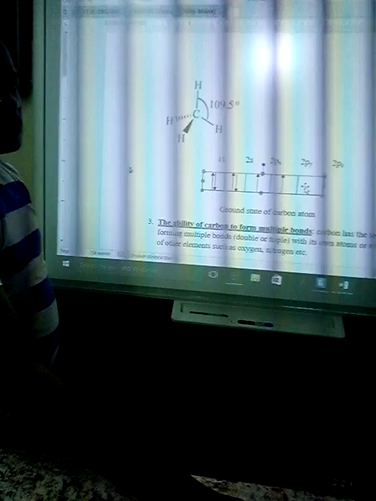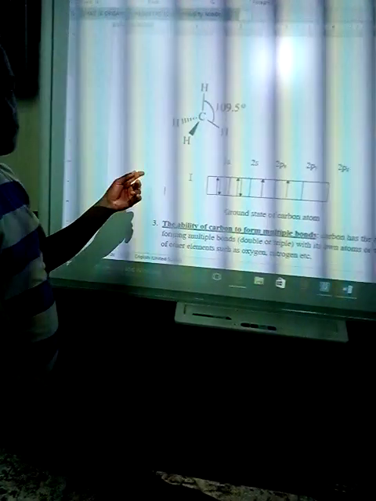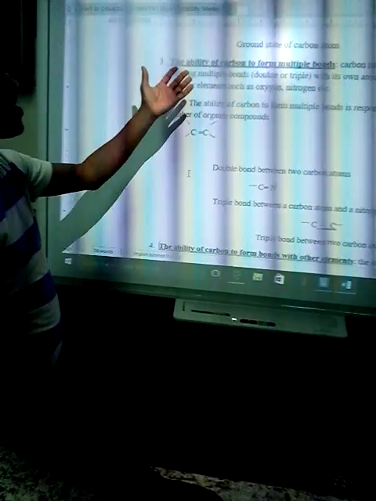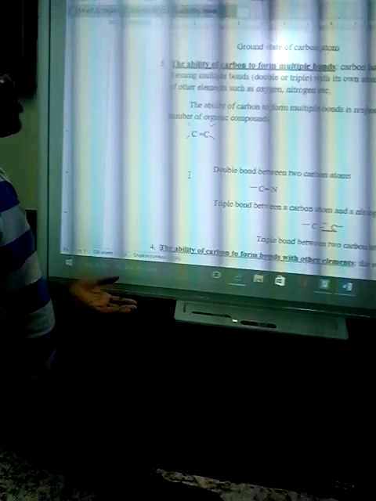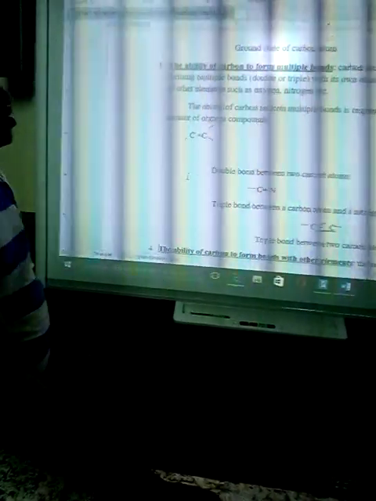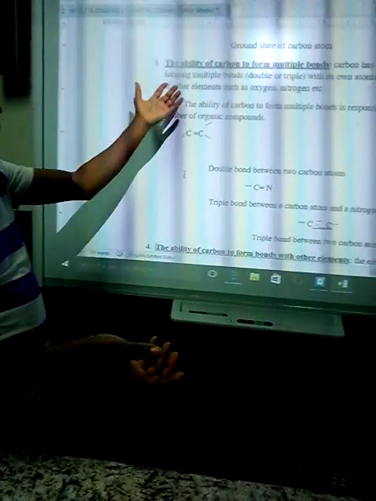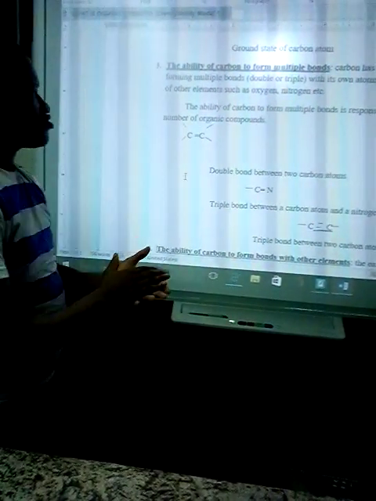The third reason why carbon compounds can form so many is the ability of carbon to form multiple bonds. Carbon has the tendency of forming multiple bonds, double or triple, with its own atoms or with atoms of other elements such as oxygen and nitrogen.